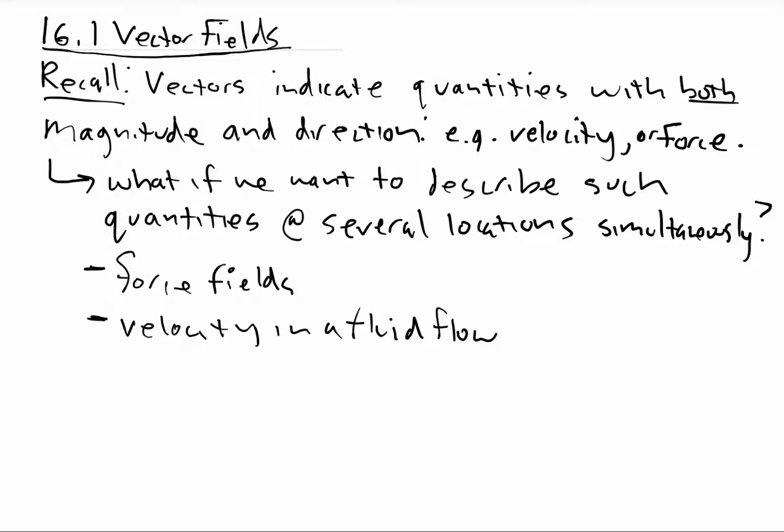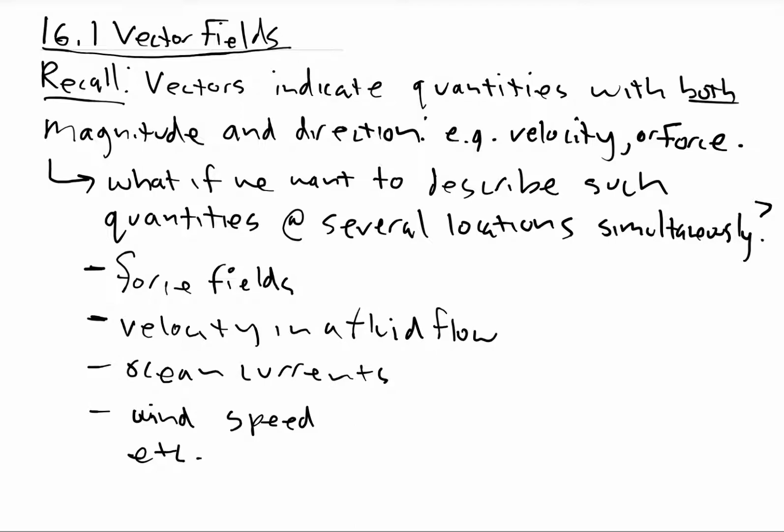Or alternatively, you could be talking about a liquid fluid. Ocean currents are another example of velocity in a fluid flow. Wind is another, wind speeds in different directions. This is another example of velocity in a fluid flow because air is a fluid. There's lots of examples of this.